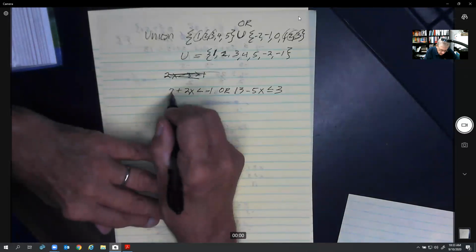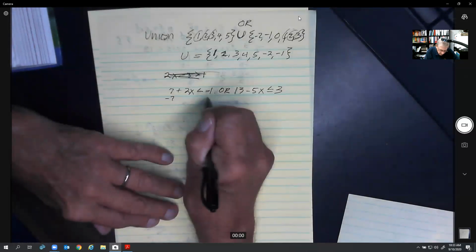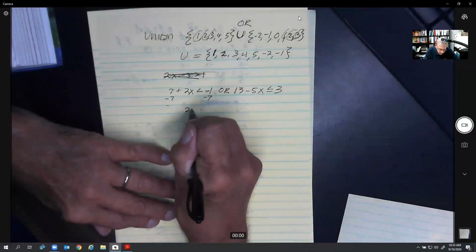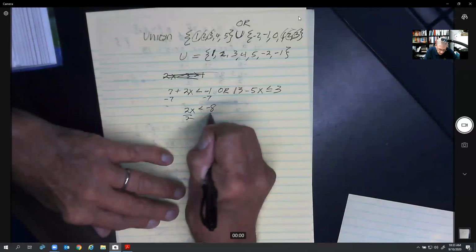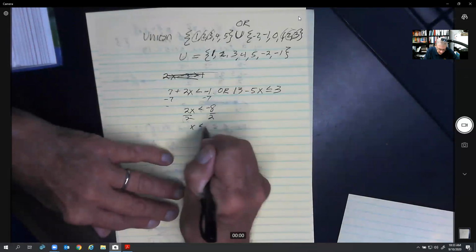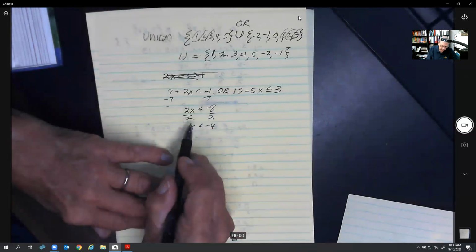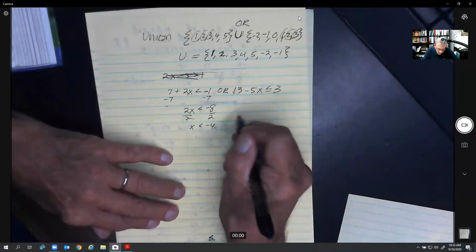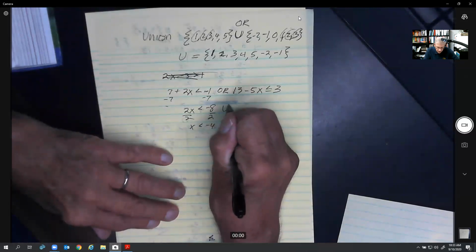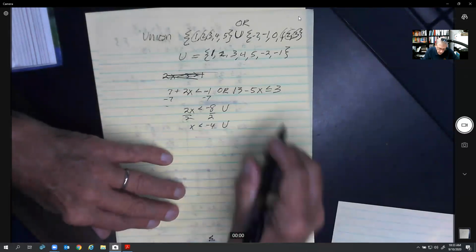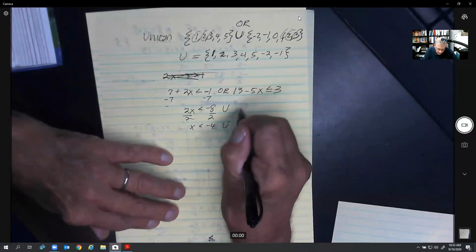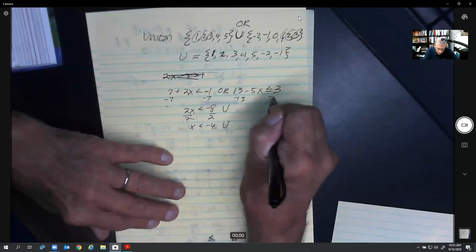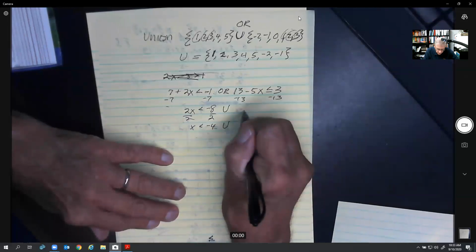So let's bring the 7 over. Minus 7 minus 7. 2x is still less than -8. Divide by 2. X is less than -4. Yes, I'm dividing by a positive. Or, let's put a U here for or. On this one, I'm going to subtract 13 from both sides, or add a -13.